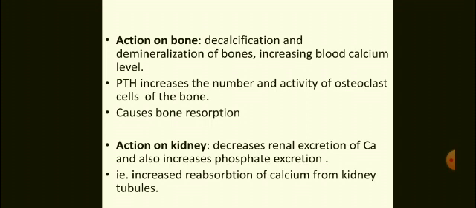Again, action on kidney. Parathyroid hormone decreases renal excretion of calcium and also increases phosphate excretion. That is, it increases reabsorption of calcium from kidney tubules, thereby it increases the blood calcium level.